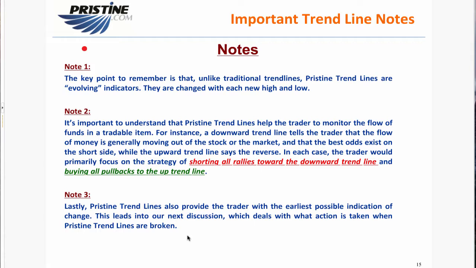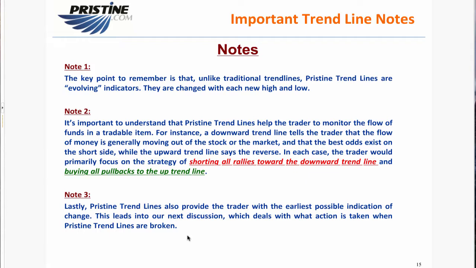So the other important usage that we have with trend lines is their ability to help provide us with the earliest possible indication of when a trend may be changing. Okay, and that's what we're going to explore here now.